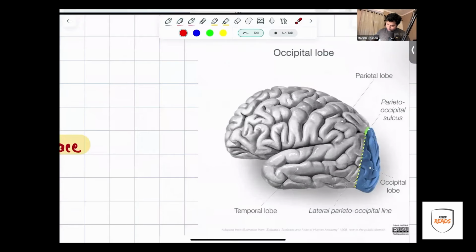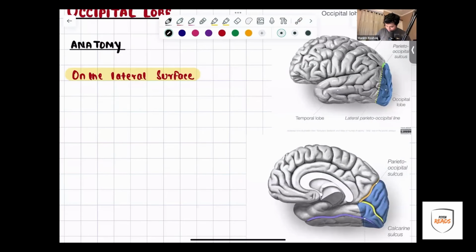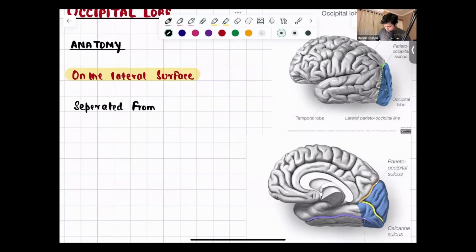So it is separated from the parietal and temporal lobe by an imaginary line.